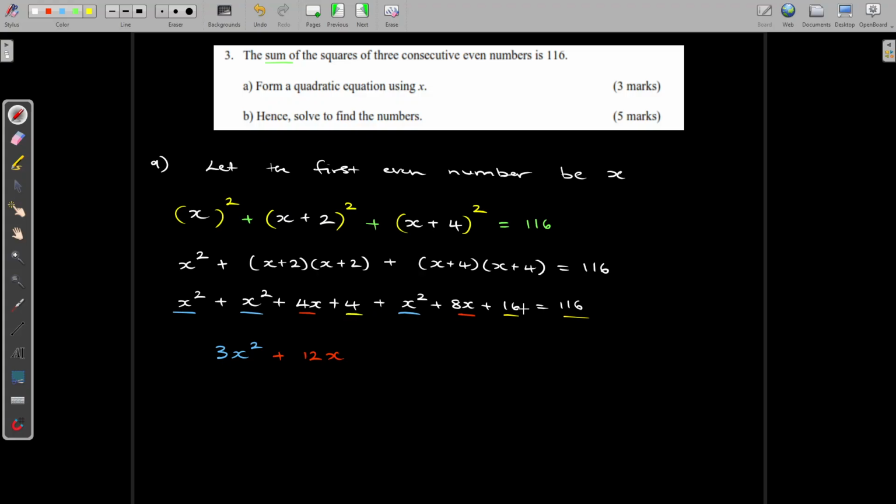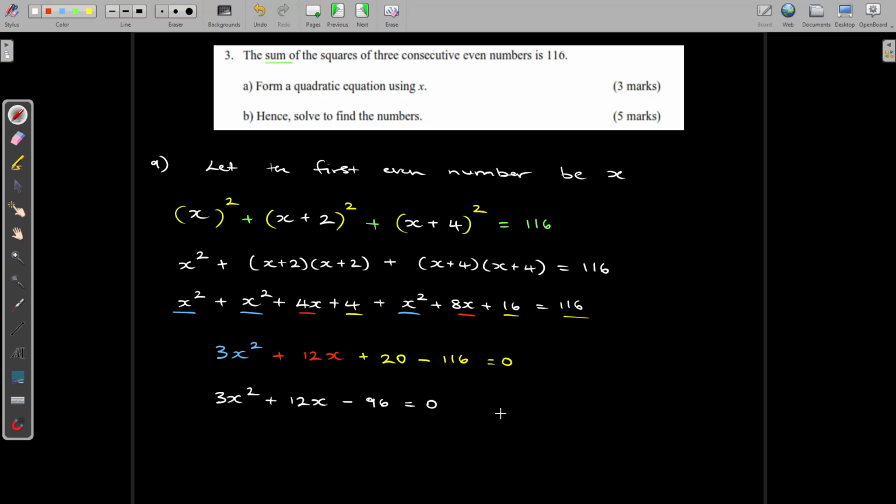So 4 plus 16 is 20, and then we would of course bring over the 116, and that's equal to 0. So therefore the equation that we're working with is 3x squared plus 12x minus 96 equals 0.